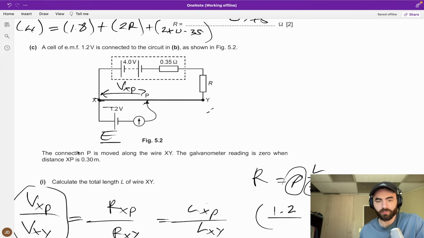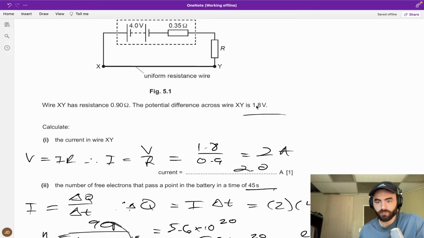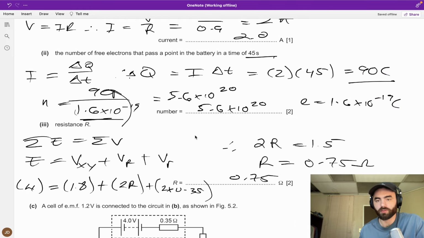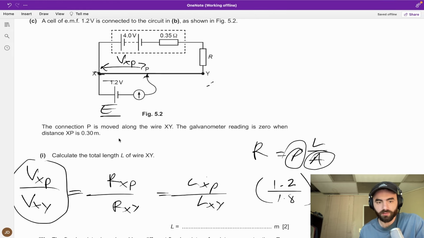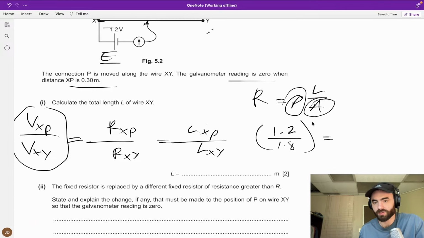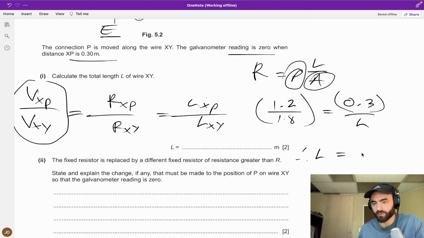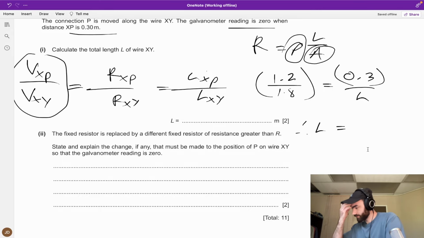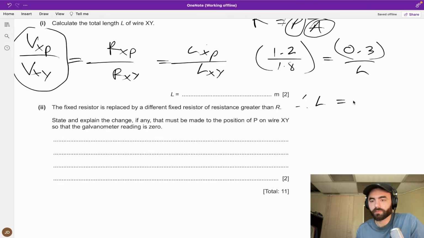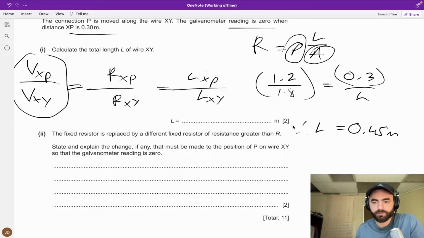And VXY, that's just equal to 1.8, the potential difference across the entire wire. So 1.2 divided by 1.8 equals the length XP, which is given here as 0.3, divided by LXY, the total length of the wire. Therefore, the total length of the wire will just equal 0.3 times 1.8 divided by 1.2. 0.45 meters.